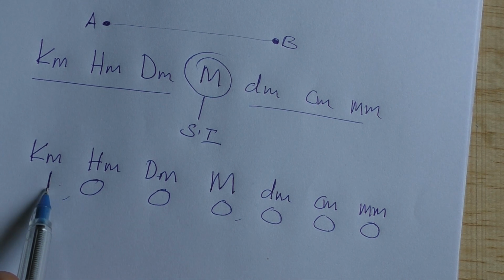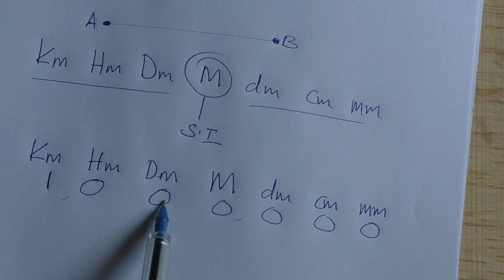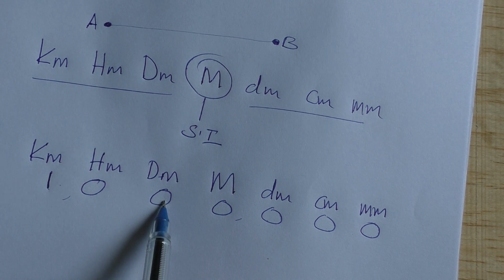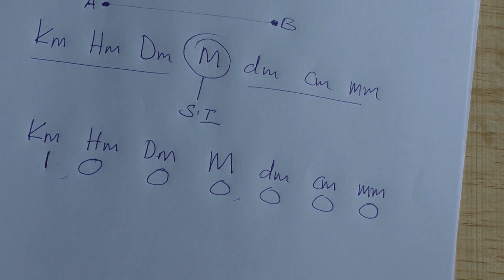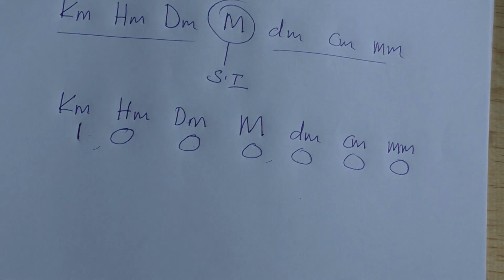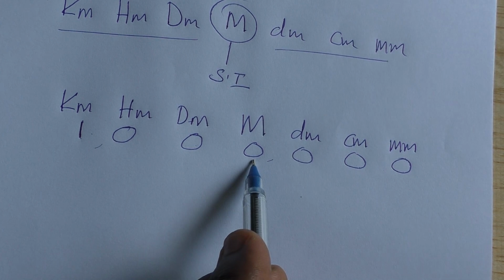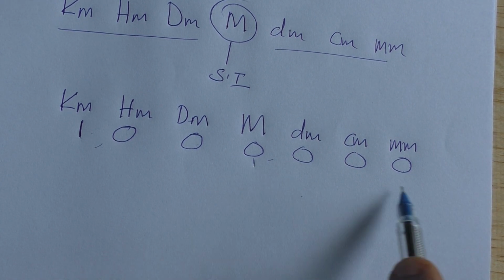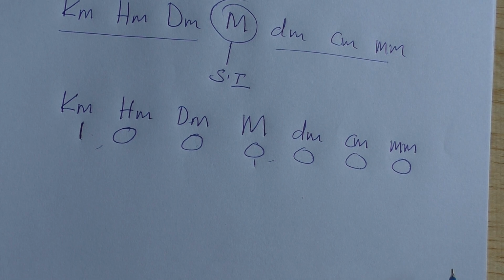If it is kilometer to decameter, it means that 1 kilometer equals 100 decameters, and so on. Therefore, the same applies when I'm converting others to other units.